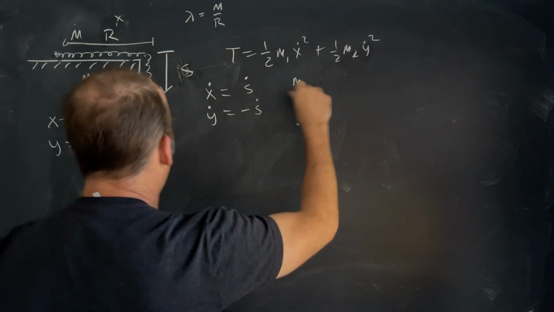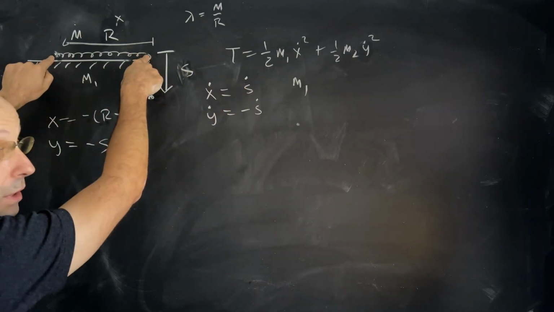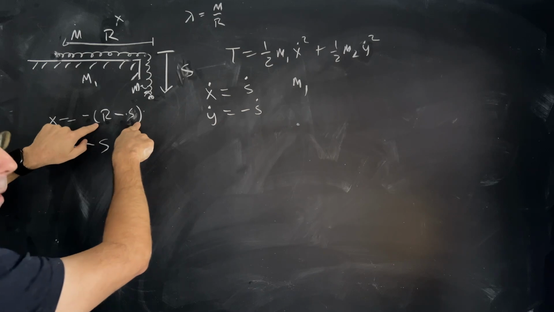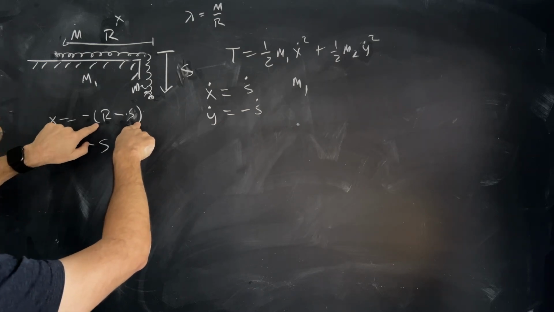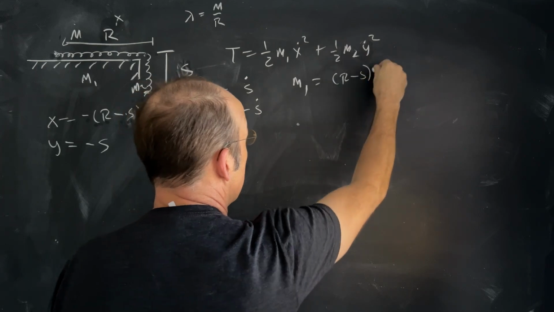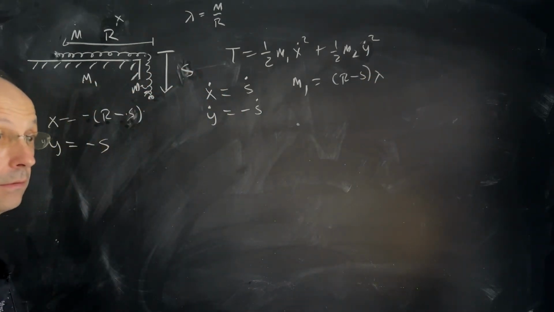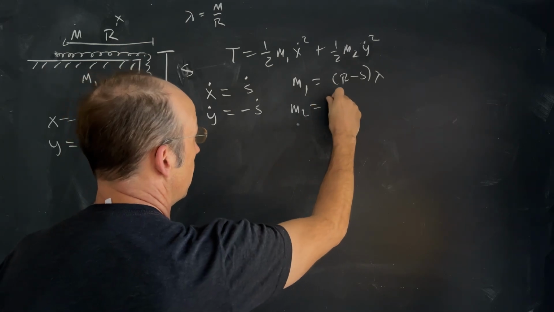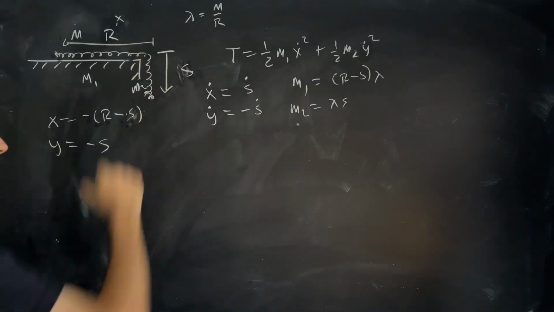So m1 is going to be this length, which has a value of x, a length of r minus s, times the linear density. So m1 is going to be (r minus s) lambda. And then m2 is just going to be lambda times s, because it's the length of that.